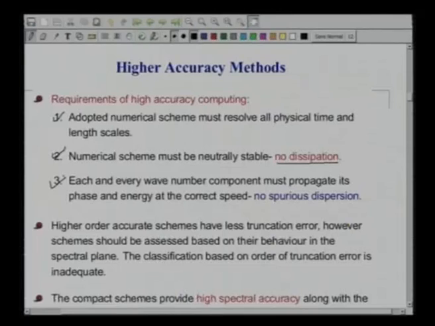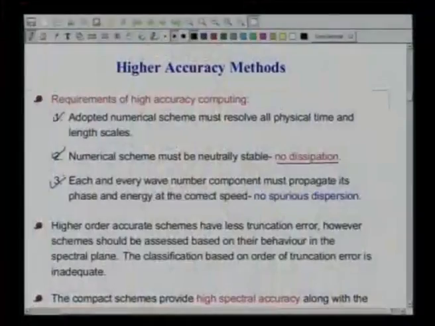Next, what we also realize is that when we are replacing a differential equation by its discrete version, we are essentially indulging in some amount of truncation of terms, and that error is what is called a truncation error.